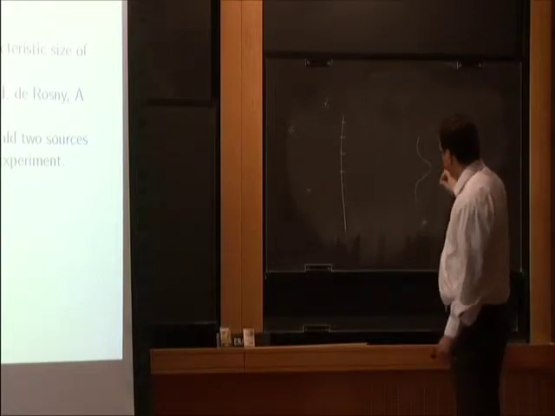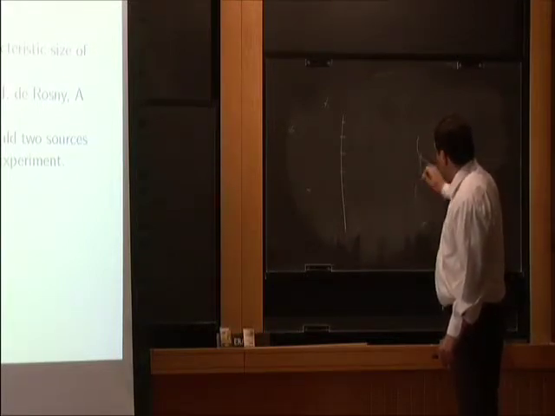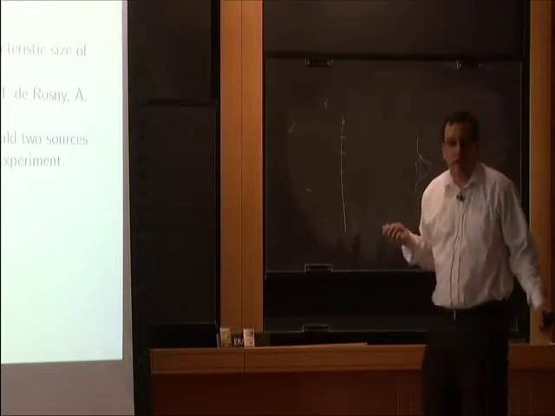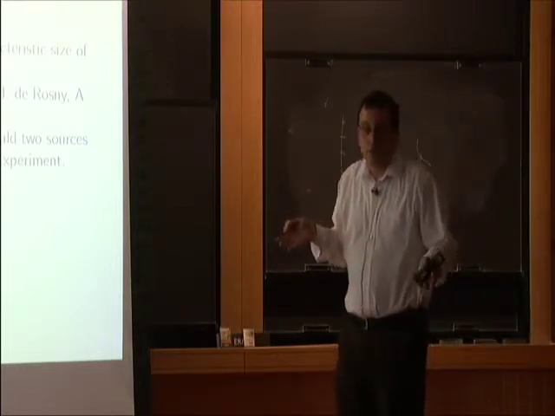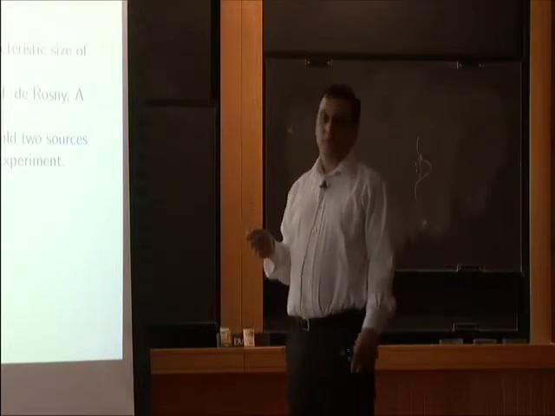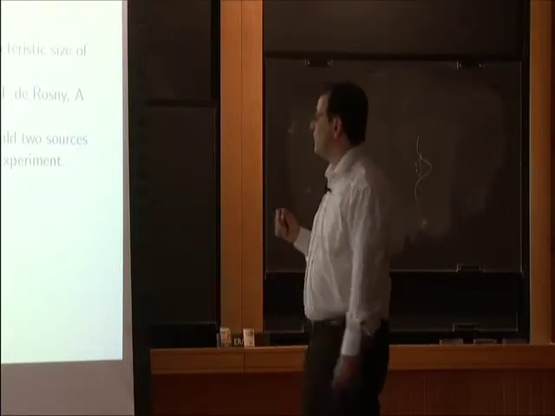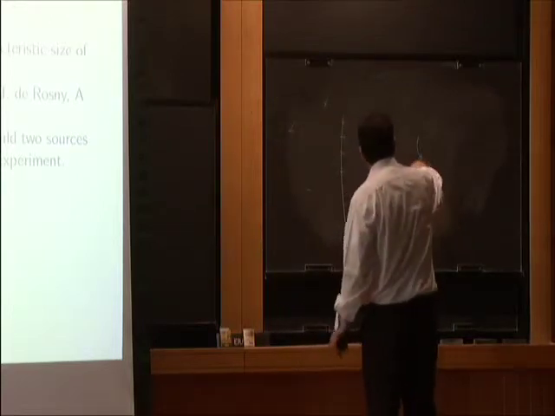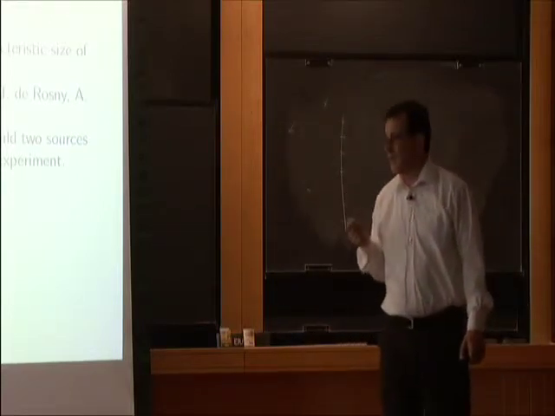Now, if your wave has a size lambda over 2, and your two points are less than lambda over 2 apart, it will be hard to know if it was from this point or that point, up to noise. And so resolution means the size of your refocused wave, right?